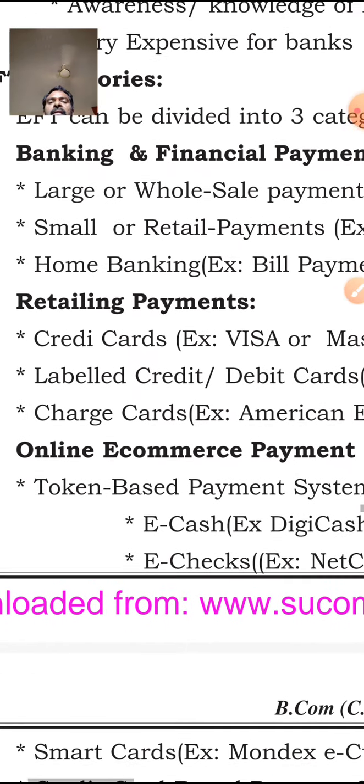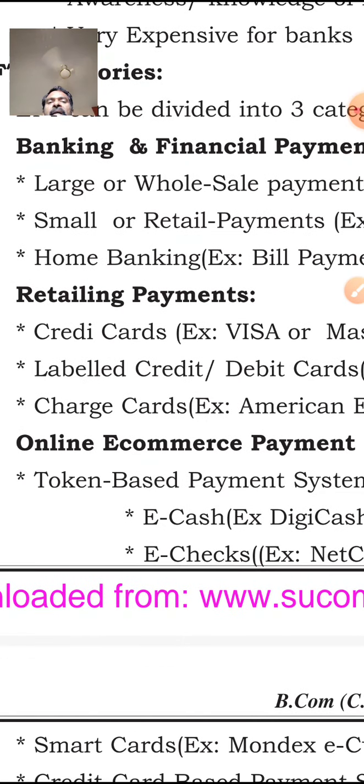So the second method is retailing payment. In the retailing payment system, while we are going to the retail shop in the physical mode, we are paying the money in the form of electronic money.